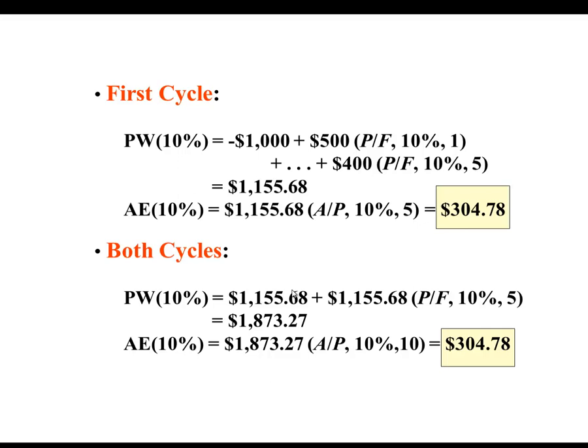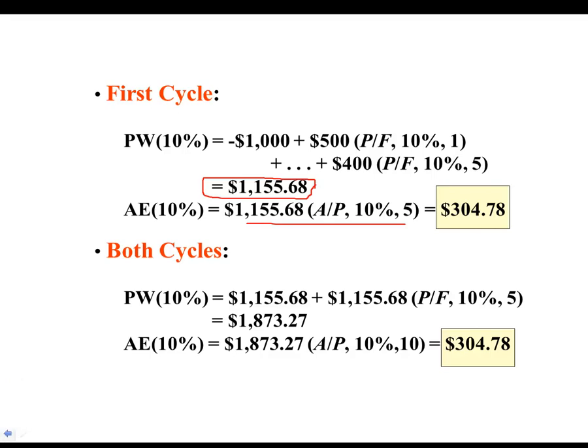What about both cycles? Now remember that we got the present worth as $1,155.68. So if we use this present worth multiplied by the factor, we get the annuity for 5 years. How about for the other period?